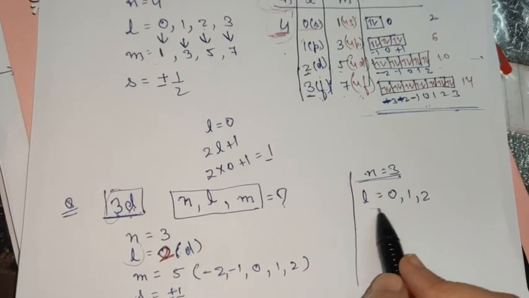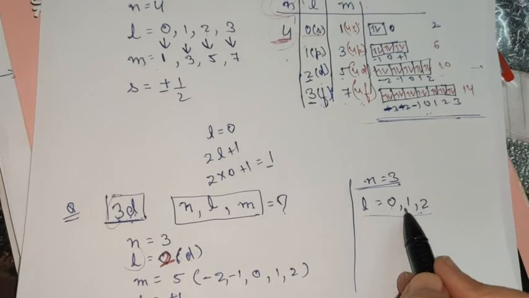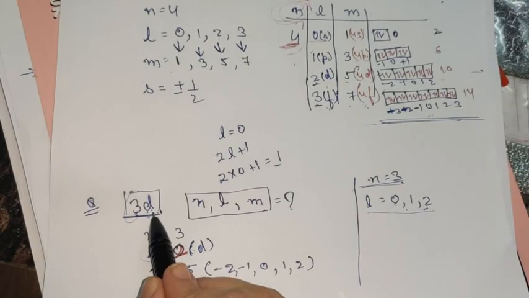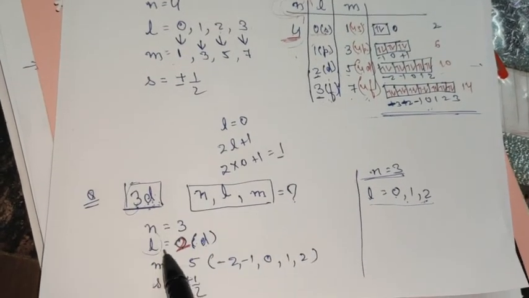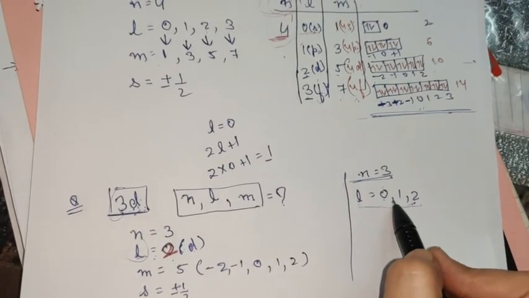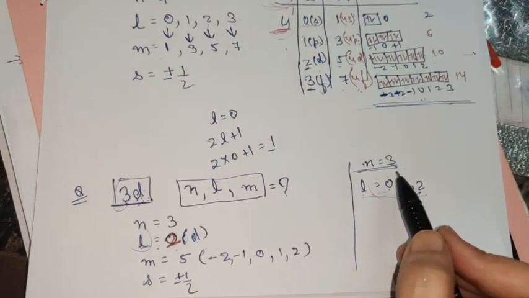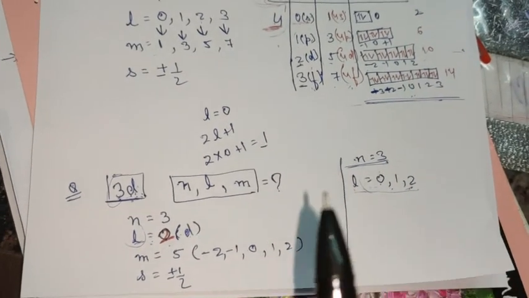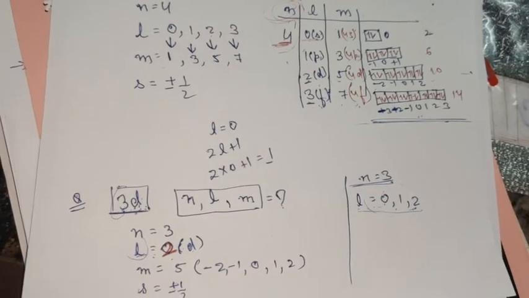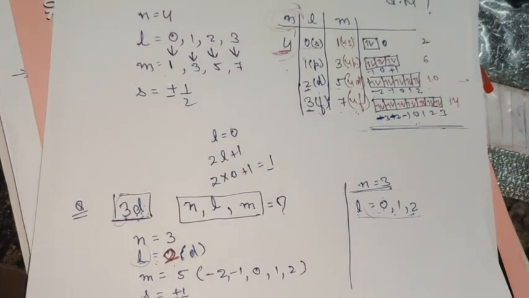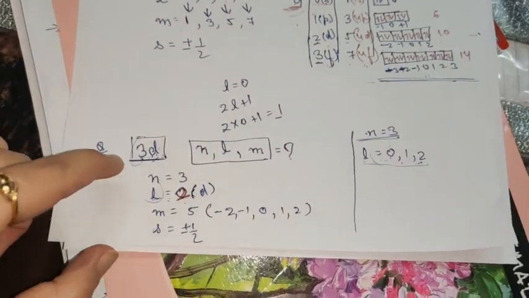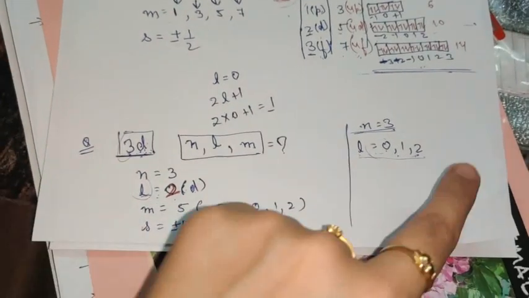So you'll mention all the possible subshells, that is S, P, D. But in the other case it is already specified that we are talking about the D subshell, so L will have only one value, contrary to this where L can have 3 possible values. I hope this is clear to you, children, and if it is not clear, please ask me, because this is very important. When you learn more concepts in this chapter, you will be able to easily differentiate between these two.